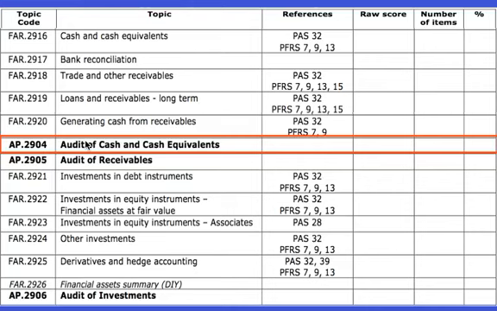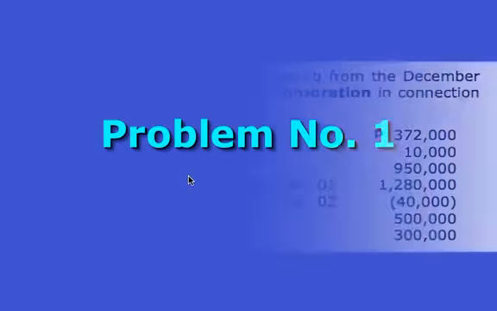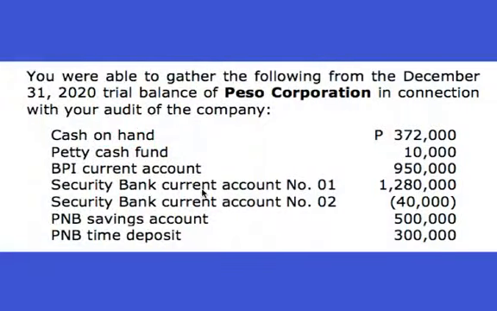Let's review the composition of cash and cash equivalents. This is a classic problem in the audit of cash and cash equivalents. Given in the trial balance are the following.